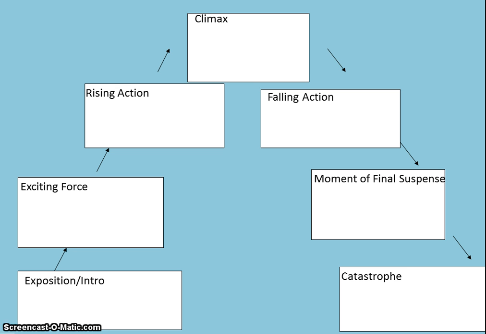The exposition and intro is something that you should already understand from the plot structure of a narrative. So just think for a minute about what that means, the exposition or introduction. Hopefully you're correct. It's a section of the play where the setting and characters are introduced. So we learn all about who is in the play and where it takes place.